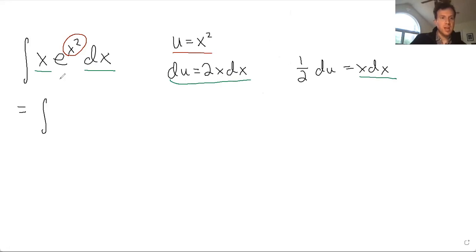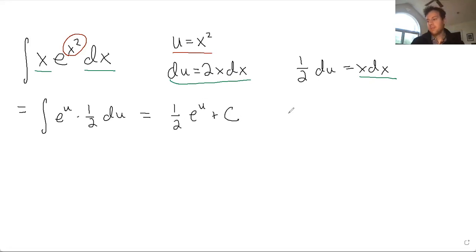So then we can say e to the x squared becomes e to the u, making that substitution. x dx gets replaced with this 1/2 du. And once we have it written like this, we're able to integrate it. The half comes along, e to the u stays e to the u. And then once we've actually done the integration, substitute back.